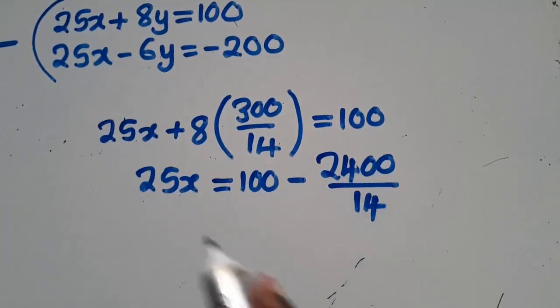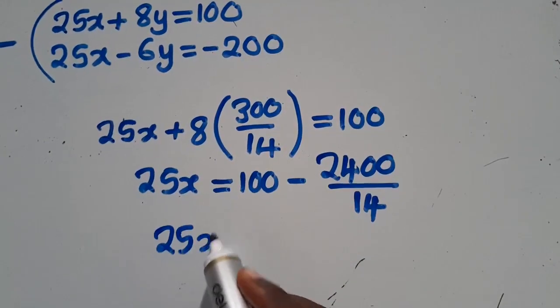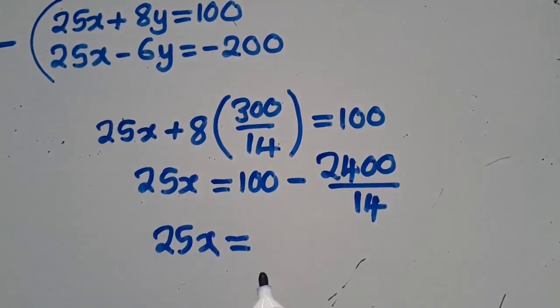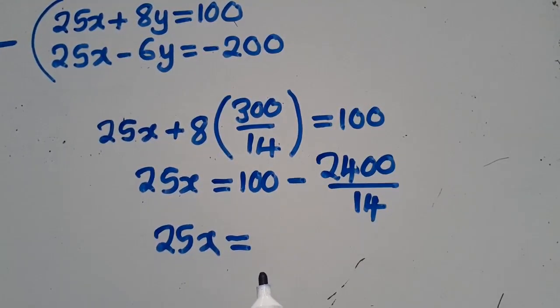With this now, you say 25x is now equal to, so you try to subtract there. What answer are you going to get when you subtract? In an exam, on these questions, you don't even need to use a calculator. You just need to work them out.